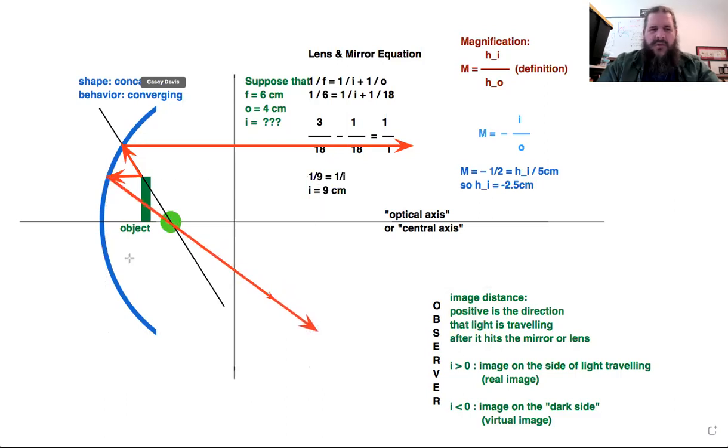And yeah, we could also draw one from the object straight towards where the optical axis intersects the mirror. And this one can be kind of tricky to draw out because we've got to draw the same angle. But sometimes that can be useful to just sketch anyway. And also we could draw one that starts off collinear with the center of the sphere itself.